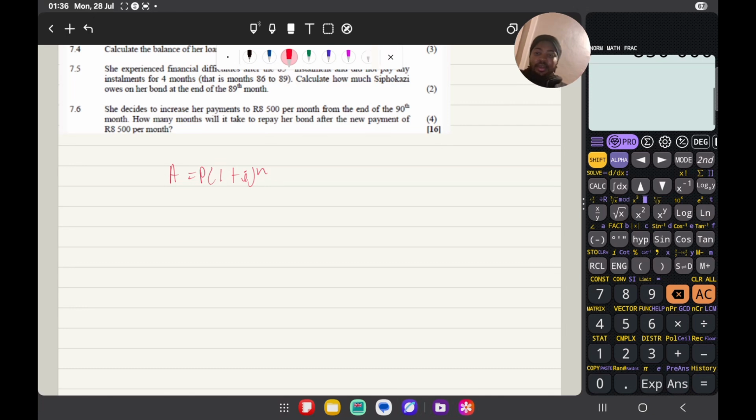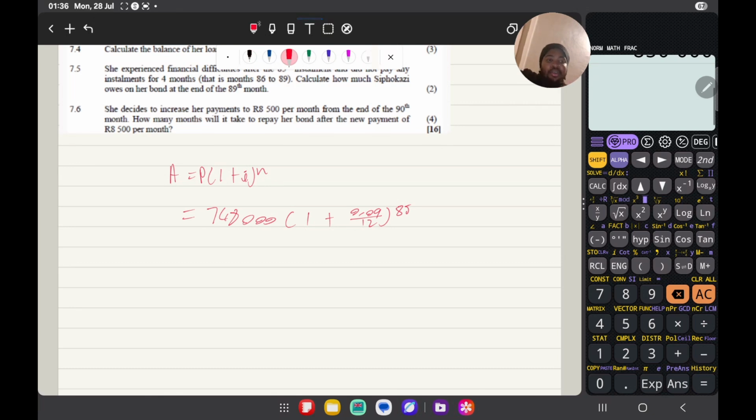You have your formula there. So let's put in the values. It is the 748, remember, 9% compounded monthly, to the power of 85.